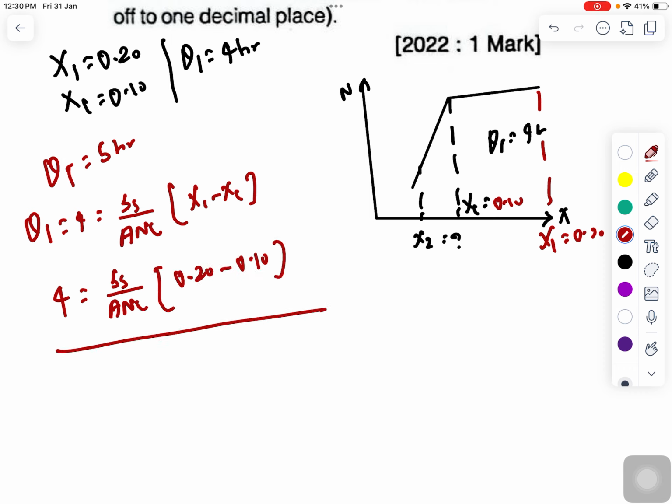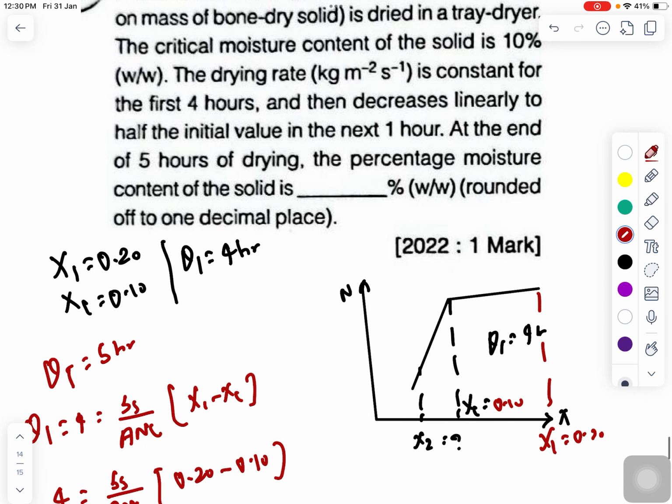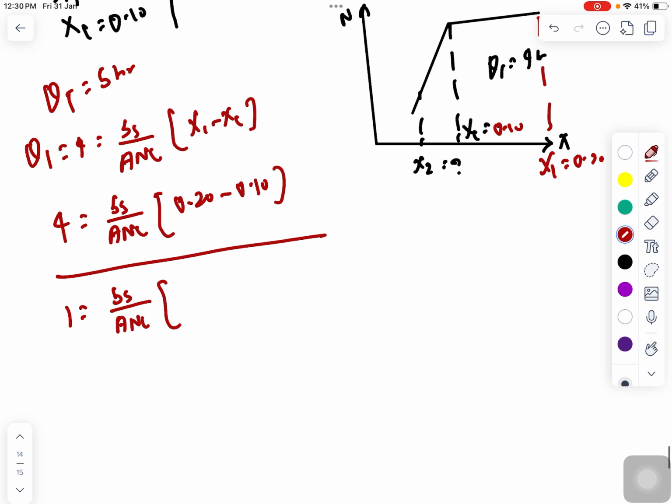And when we talk about the falling rate period, that is 1, I can write SS divided by ANC. And again here you can see that the equilibrium moisture content is not given, so you have to exclude the equilibrium moisture content from the formula. So I can write XC, 0.10, ln of XC divided by X2, where X2 is the final moisture content.